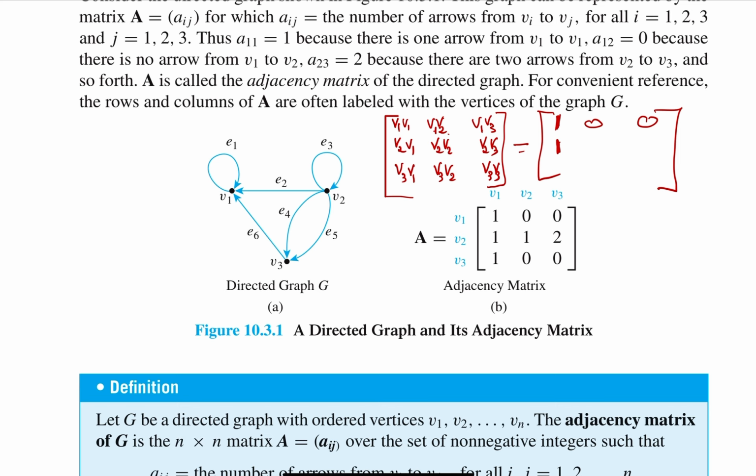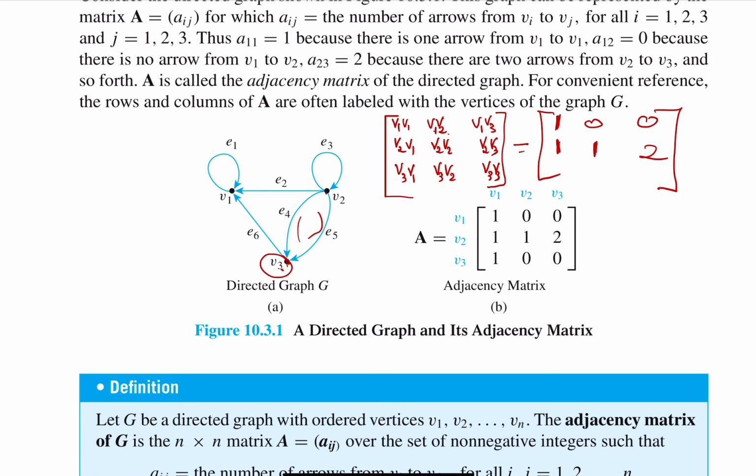Yes. 1 loop. That's why you have to put 1 here. V2, V3, we have 2 edges going in the direction of V3. That's why we have to put 2 here.